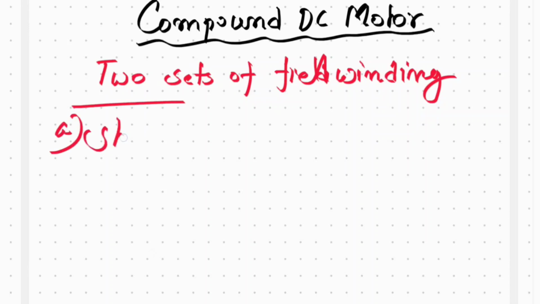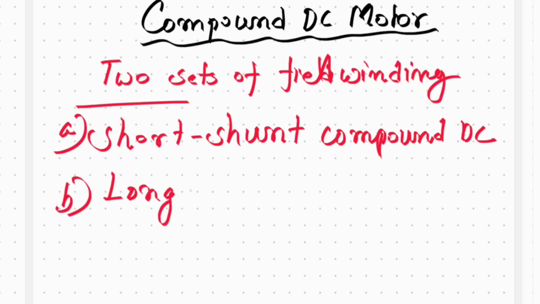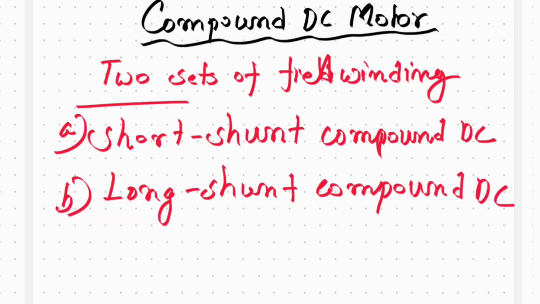One is the short shunt compound DC motor, and another one is the long shunt compound DC motor. We'll see the explanation one by one.